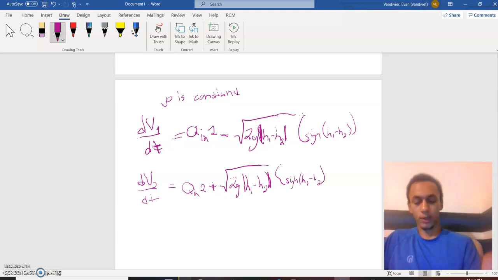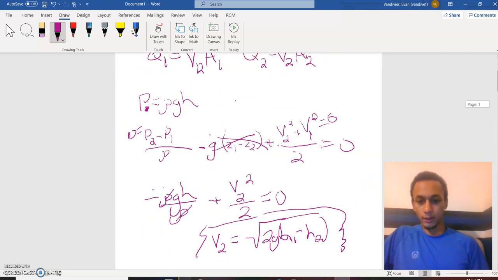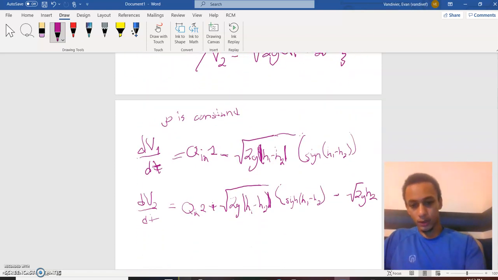Water is also going to be flowing out of tank 2, so we're going to have minus radical 2g H2. And I forgot something. Area. Since Q2, yep. This is going to be the area of 1 to 2. You're going to be the area of 2, and both of those are multiplied.